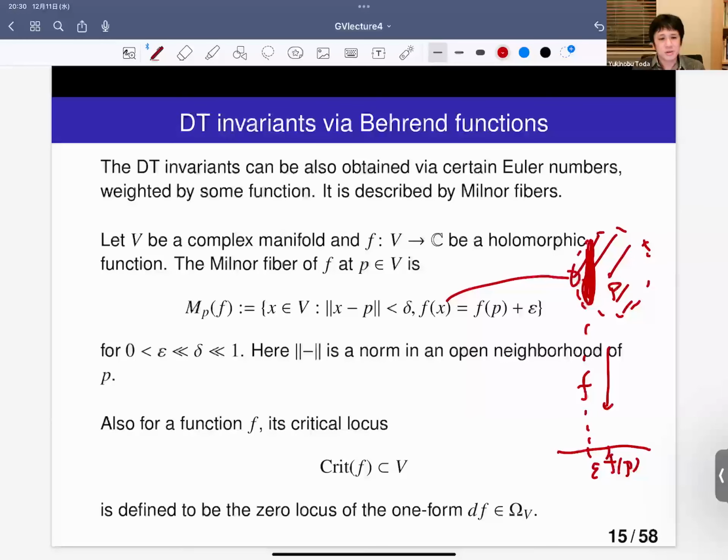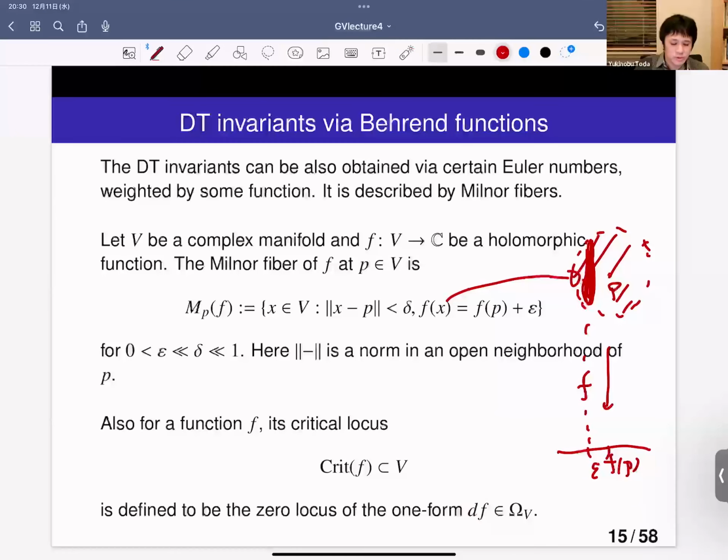This Milnor fiber is closely related to the critical locus of this function f. The notion of the critical locus is very important in Donaldson-Thomas theory. So for a given function f, we have the so-called critical locus, which is defined to be the zero locus of the one-form df.